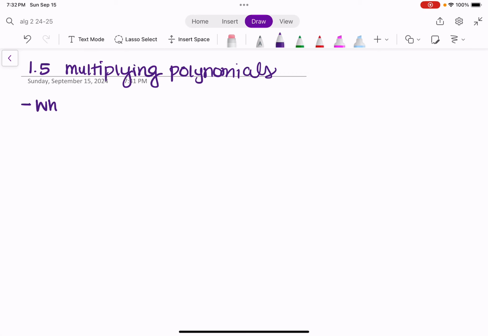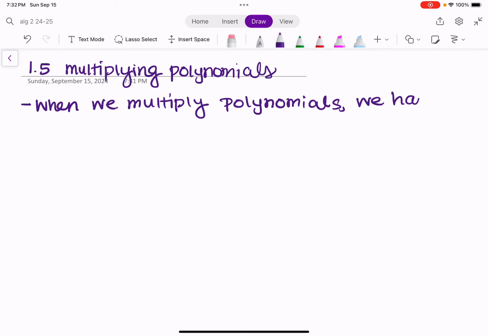When we multiply polynomials, we have two different strategies.